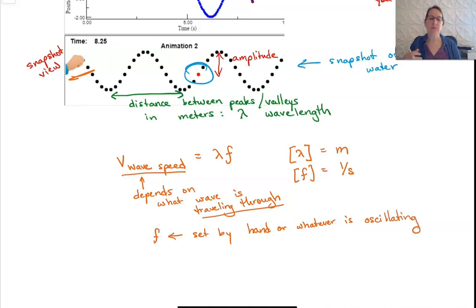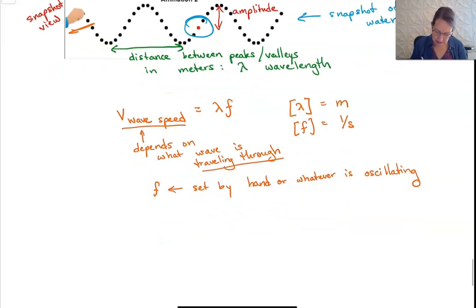Okay, so that could be your hand, it could be your vocal cords to create a sound, it could be a tuning fork that waves back and forth to create a sound, it could be a string on a stringed instrument that's oscillating back and forth to create a sound. And so it's that oscillation that gives us our frequency.